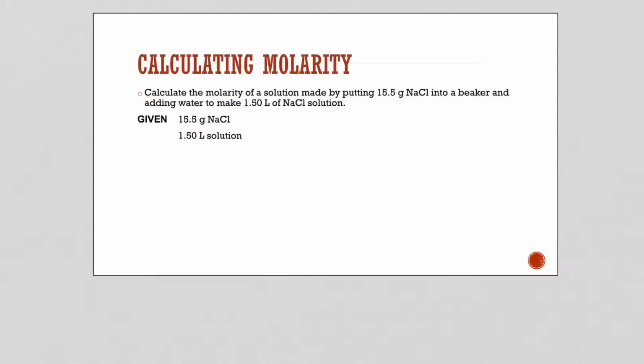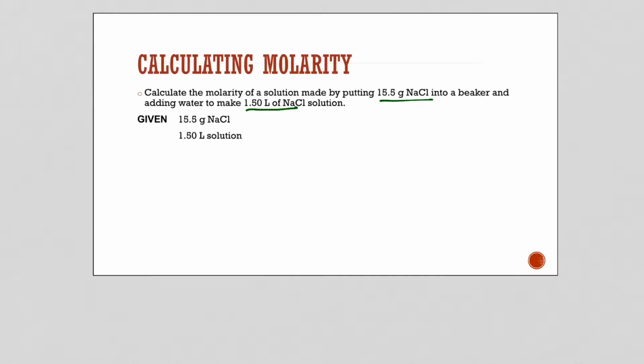So let's just do a calculation to calculate the molarity. Let's say we're given a problem that says, calculate the molarity of a solution made by putting 15.5 grams of sodium chloride into a beaker and adding water to make 1.5 liters of solution.